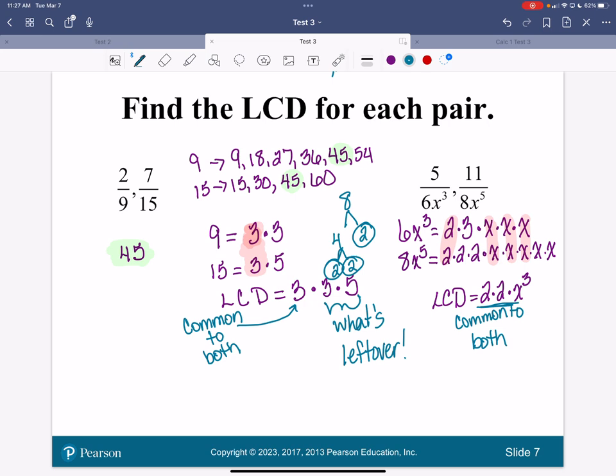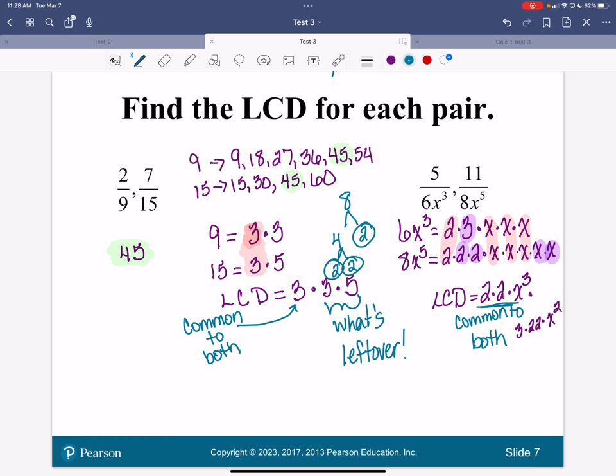Now what I've got to do is write down all the leftover. So I've got 3 times 2 times 2, and then x times x. That's everything that's left over. So then I've got 3 times 2 times 2 times x to the what? Squared.